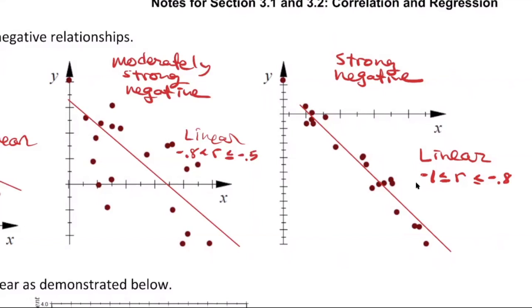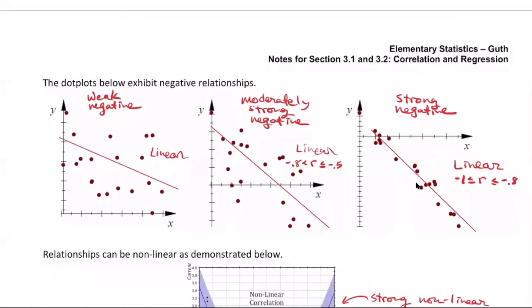Okay. And for the weak relationship, R will be between 0 and -0.5. Okay.